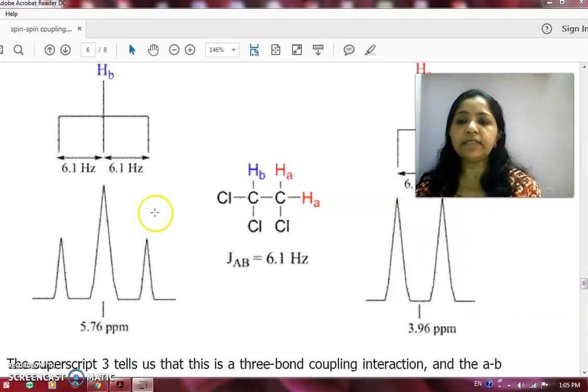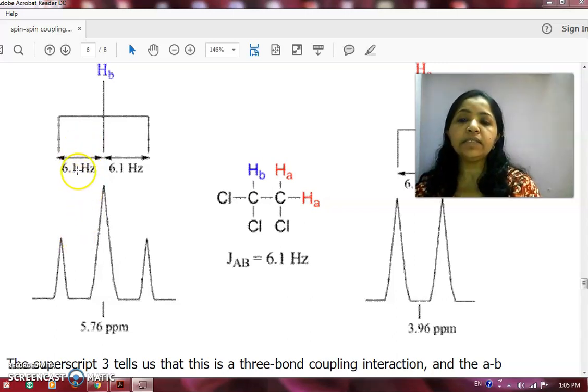Now let us see the next one, the triplet. Here you see there are three peaks; the peak has been split into 3. How do we say that it is being split by 2 protons, and that these 2 protons are not in different environments, they are in a similar environment? Because the J value is the same.